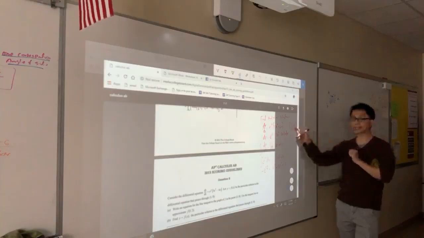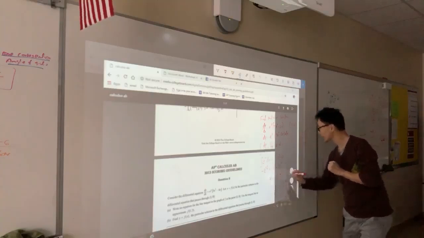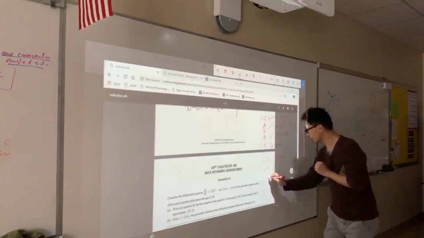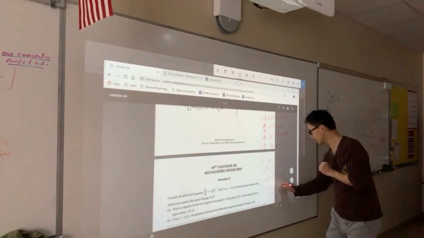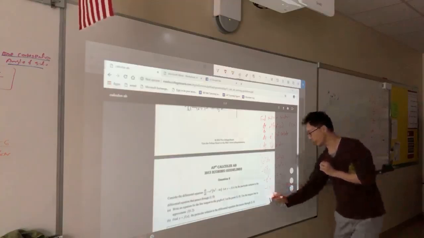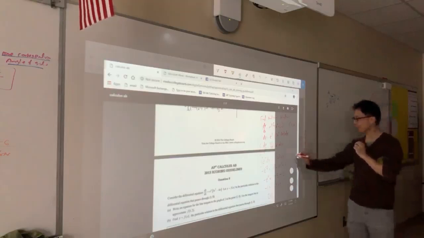Now I have to go and find the c. So I'm going to plug in 1 to here. So that's going to be 1 minus 3, right? And the 0 here, so negative e to the 0, so it's negative 1 is equal to 1 minus 3 plus c. c is equal to what? c is equal to 1. And then you're going to solve for this.